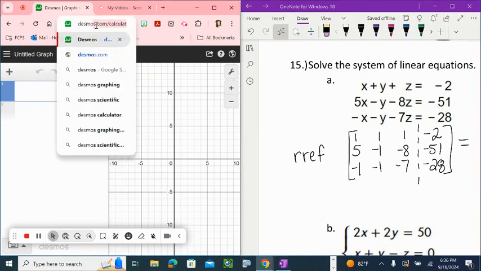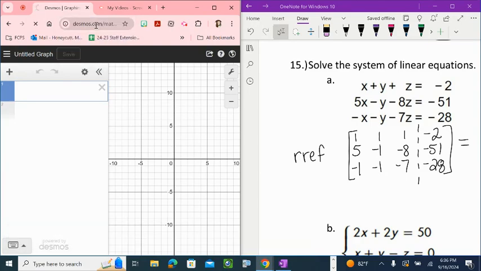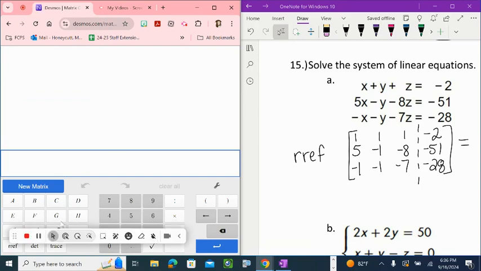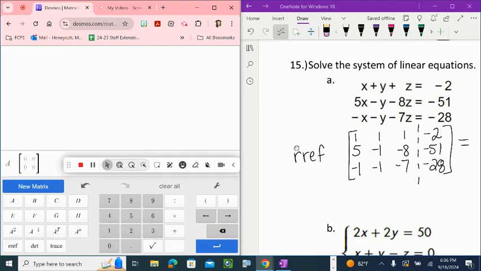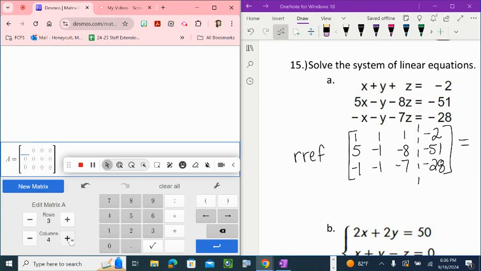You can go to desmos.com/matrix, and it will bring you to the matrix calculator. So my new matrix, I want to have, let's see, looks like I'm going to have 3 rows, 4 columns.